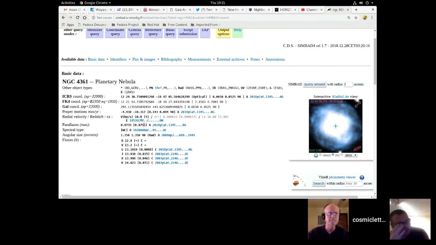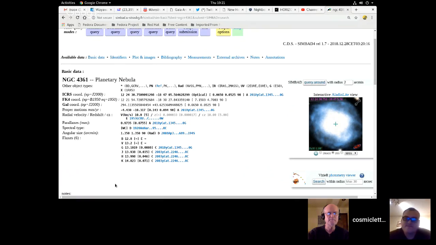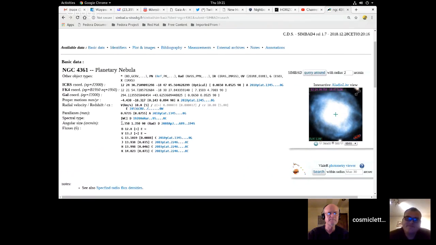Radial velocity looks like it's moving towards us at about 10 kilometers per second, which relatively speaking isn't fast, but 10 kilometers per second is moving pretty darn fast. Pretty small, 1.35 arc minutes on a side. Looks like it's pretty round. Most planetary nebulae are relatively round, or at least sort of symmetric.